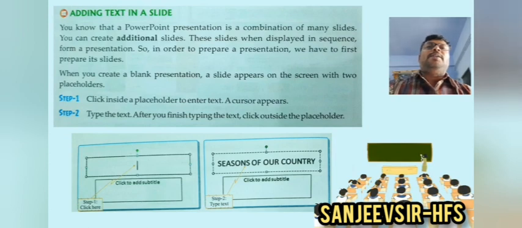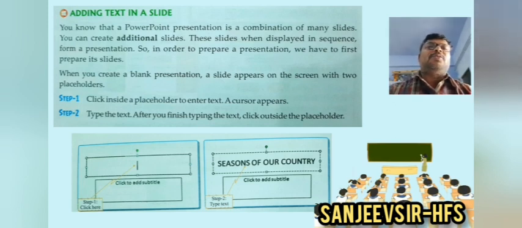Now, adding text in the slide: you will get the placeholder. Click inside that placeholder, you will get the cursor, and you will write here the text as given, seasons of our country. You can type the related topic that we are going to create the presentation on. For the subtitle, like presentation created by Sanjeev sir, you can also give your name.